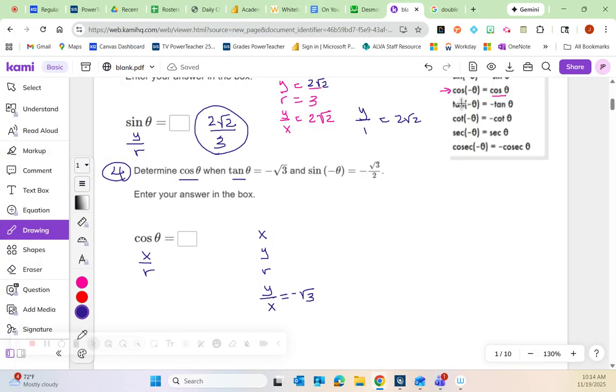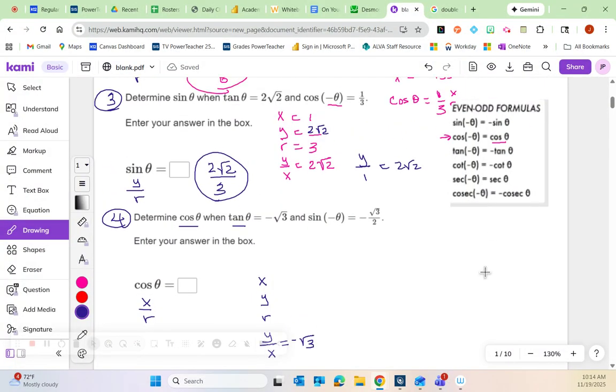So we're going to use, let me scroll up, sine of negative theta equals negative times sine of theta. So that is going to mean that this negative will come out in front. Sine theta equals negative square root of 3 over 2.